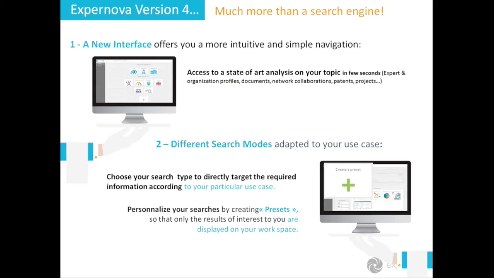What we'll be able to see is that there are 3 default searches now available for all users, and also possibilities to create personalized searches or presets in order to display the results of most interest to you, organize your results as you wish. And for this, you'll need to talk to your customer service representative, who will be able to set up these different use cases for you.